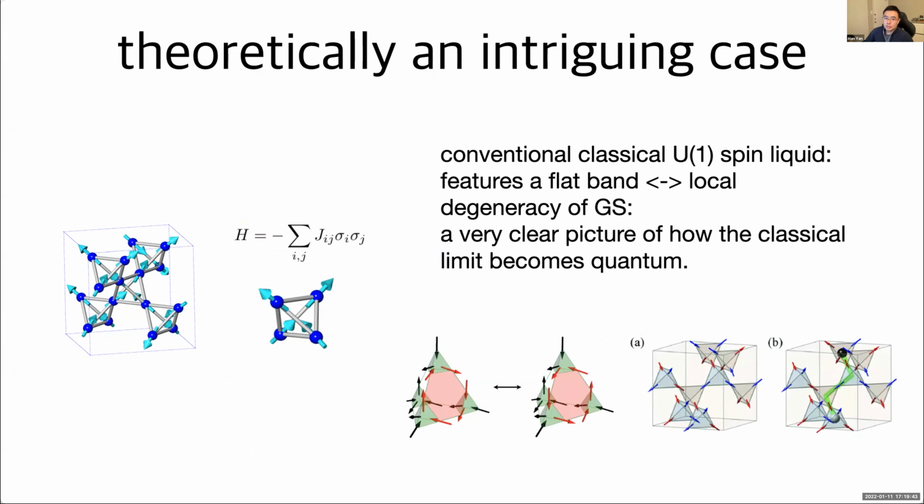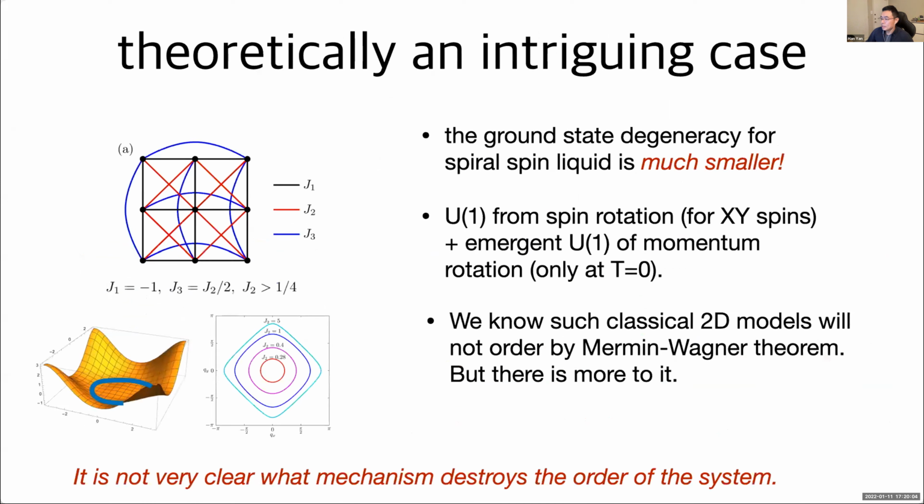Now, despite all these studies, I think there is still one unanswered question, which is how can this thing be a spin liquid in the first place? Coming back to spin ice, the picture is very clear because you have these local degeneracies of flipping a loop of spins, so it's fairly easy to understand how it does not order.